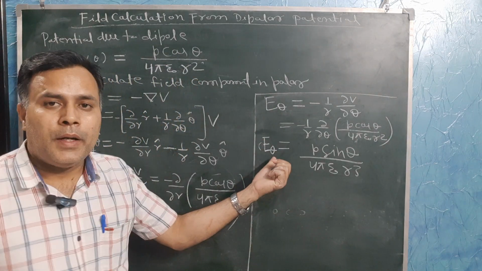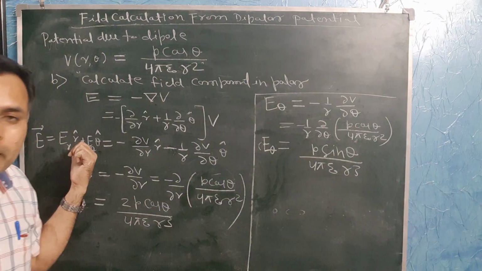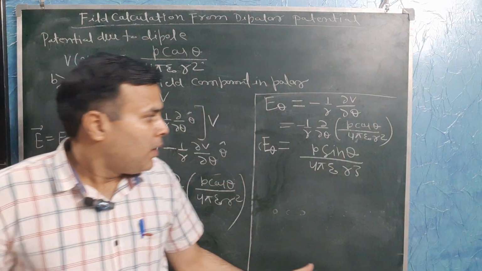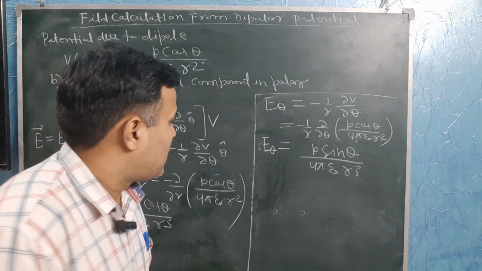So the component of field in theta direction, and the component of field in Er or r cap direction. In this way we can find out the electric field component in different situations.